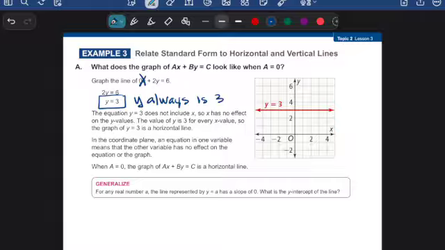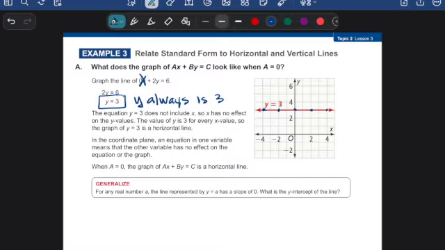No matter what x equals, y will always be 3. So we're going to get this horizontal line where every y value is 3.